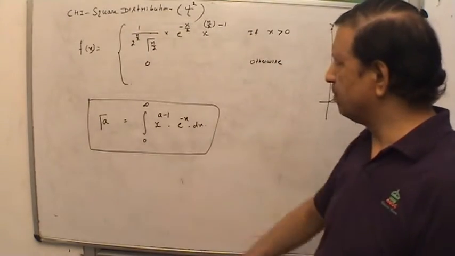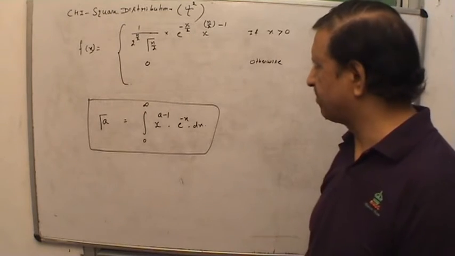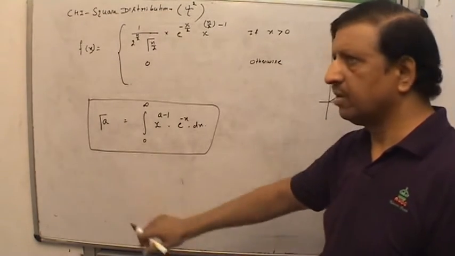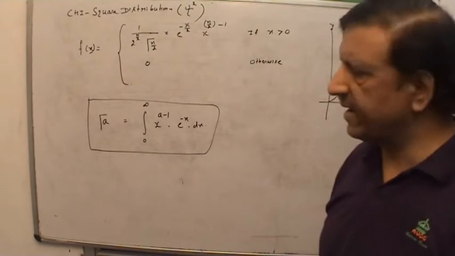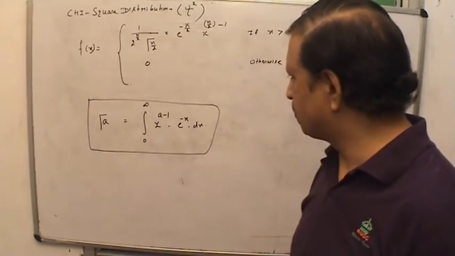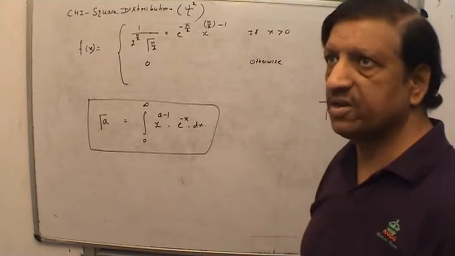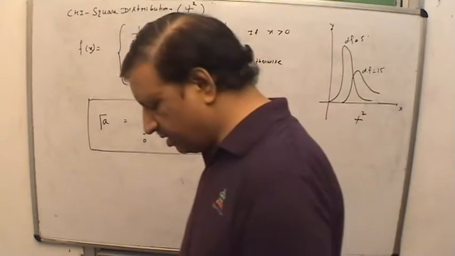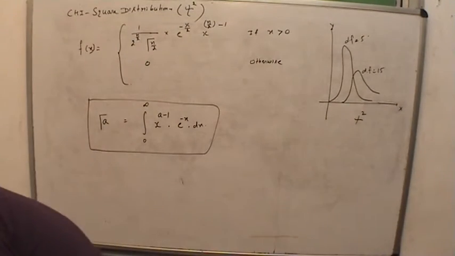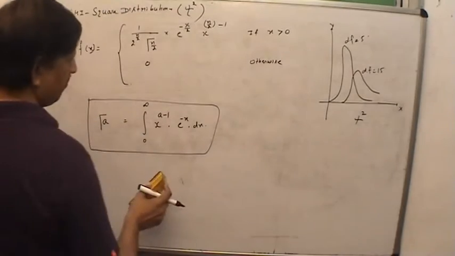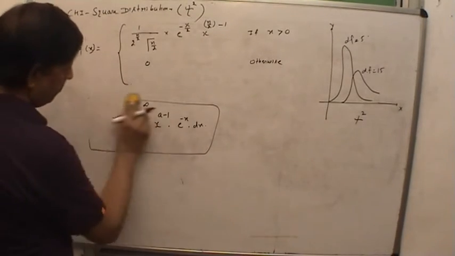For that we use this formula for f of x, where the gamma function for any variable x is denoted by x raised to the power a minus 1 into e raised to the power minus x into dx.